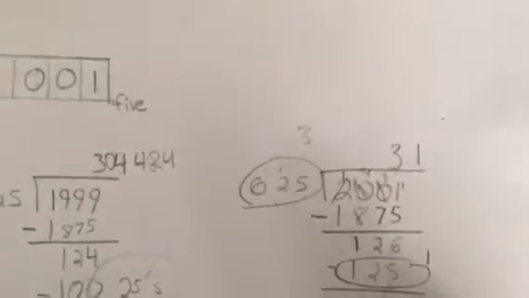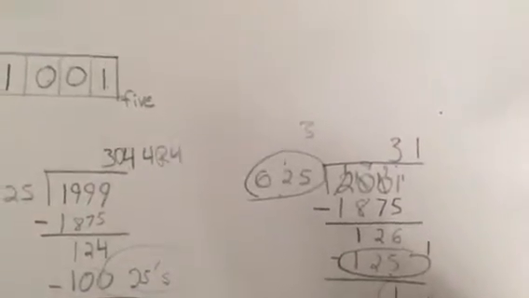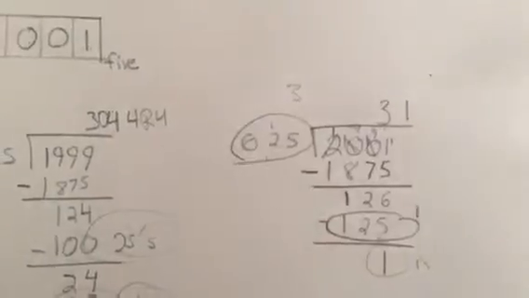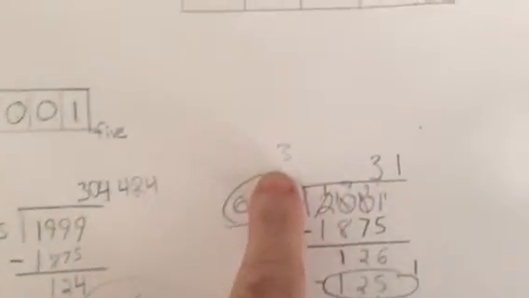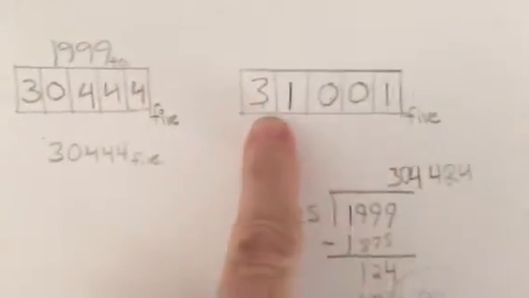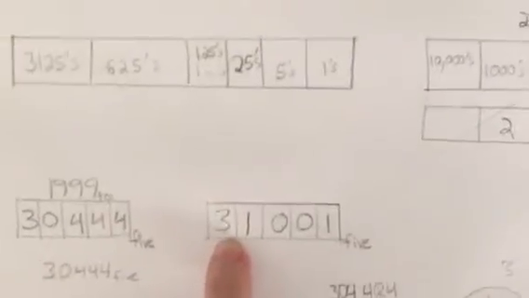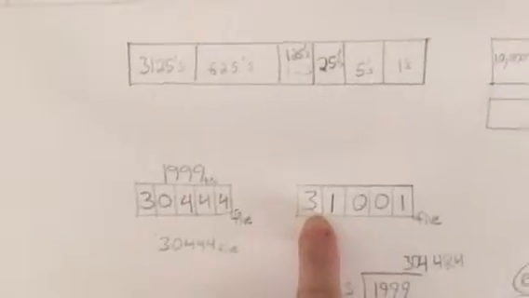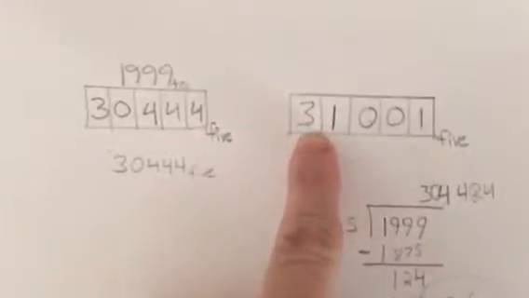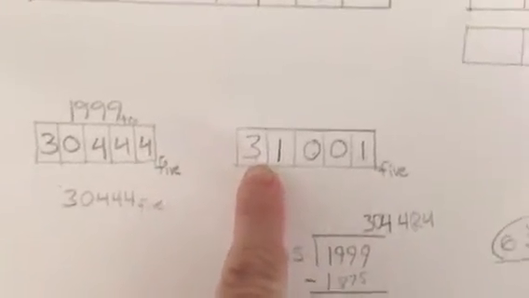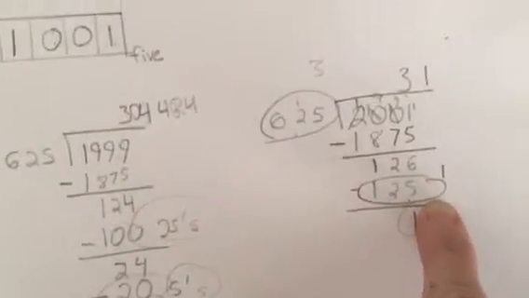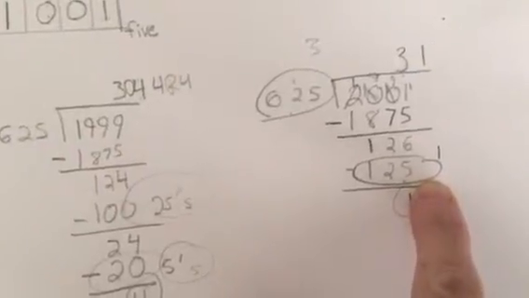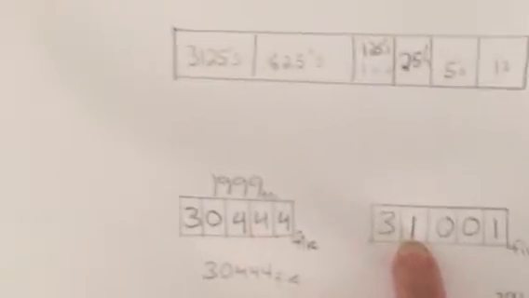It's not a 5, it's not 25, it's a 1. So, to write that, we take this number 3, and we write it in the place value for the 625s, or the super bundles. We have 1 super bundle, which is 125. So we put that in the 125's place.